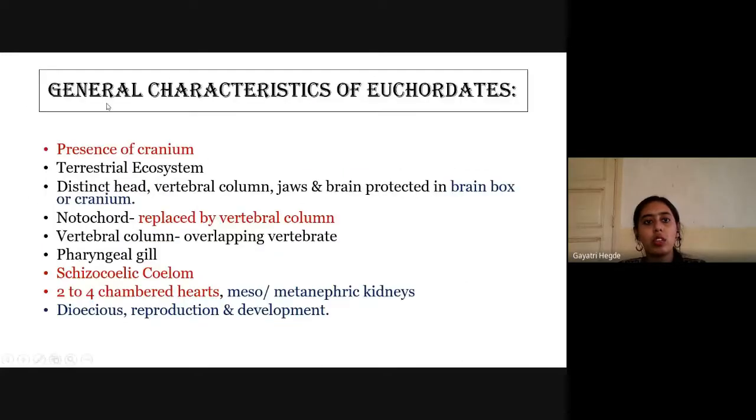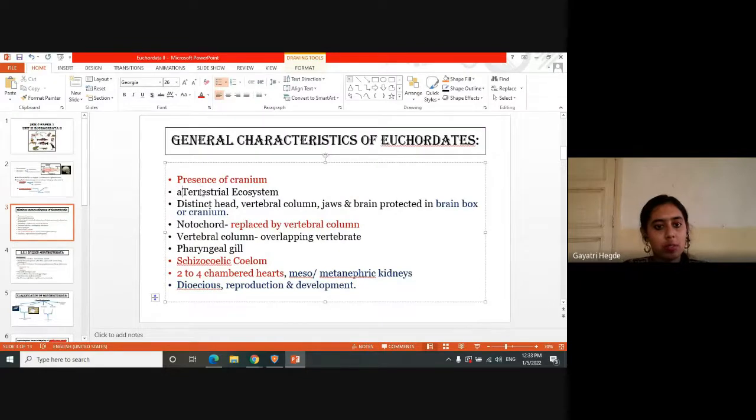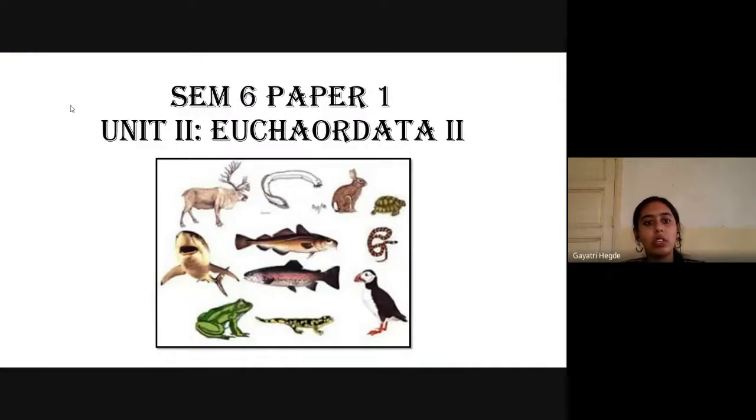After this, we went through some general characteristics of euchordates. So I will be running it quickly. Okay? Presence of cranium, they all, okay, here there is a mistake. The habitat can be aquatic or it can be terrestrial.